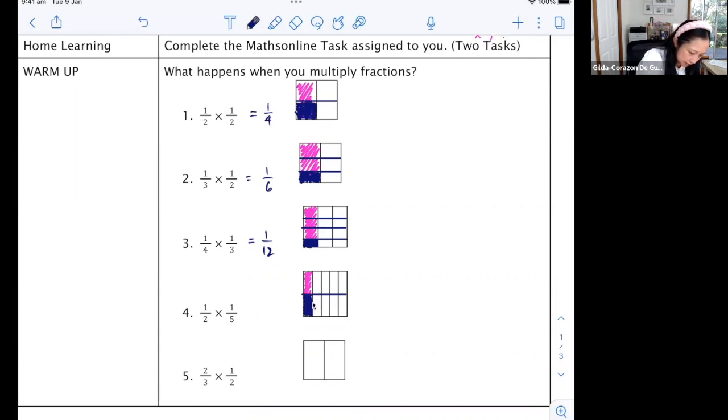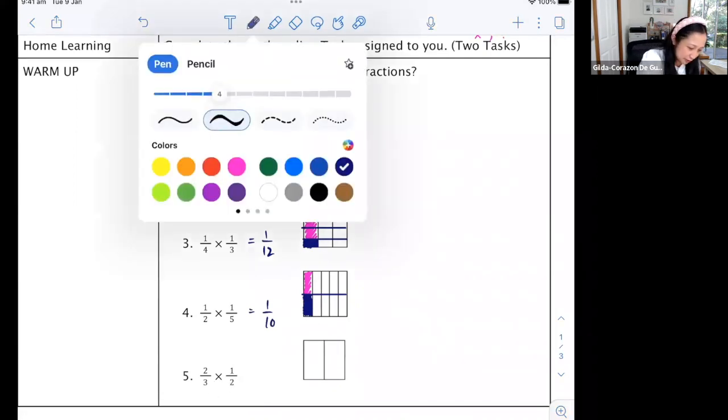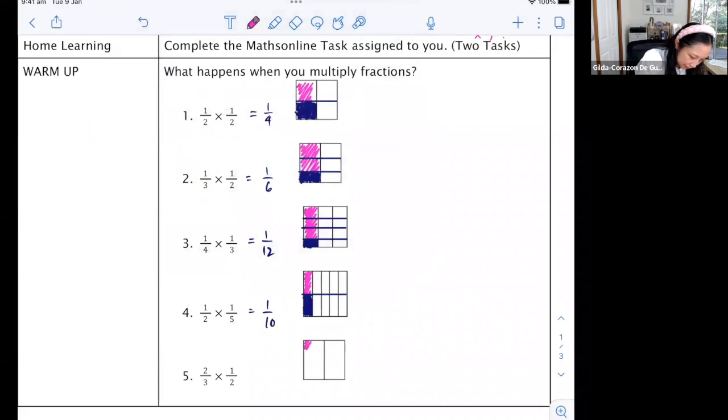and that is 1 out of 10. Then we have 2/3 of 1/2. So we shade the 1/2 here. We want to get 2/3 of that, so we essentially color in 2 of 3 parts of the 1/2.